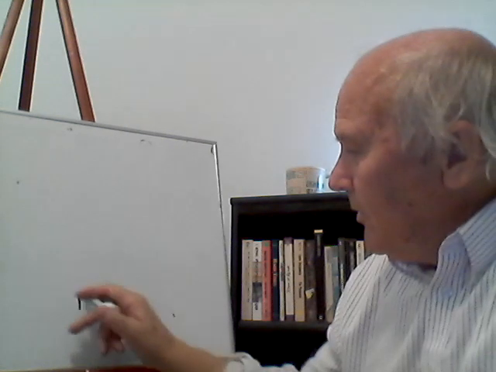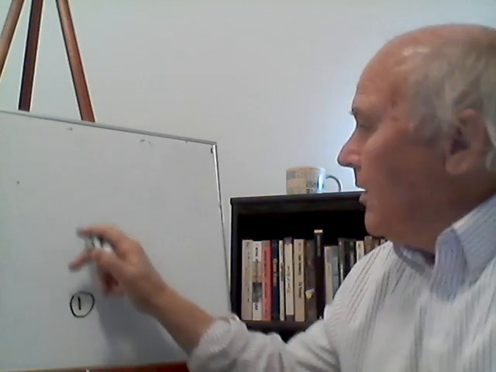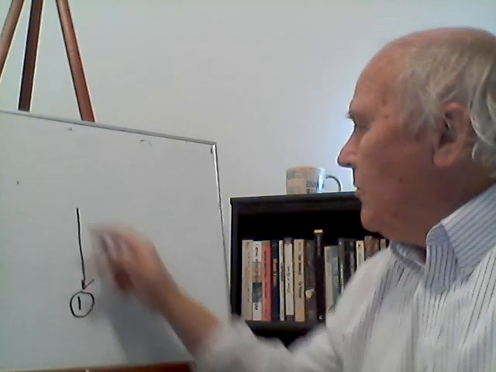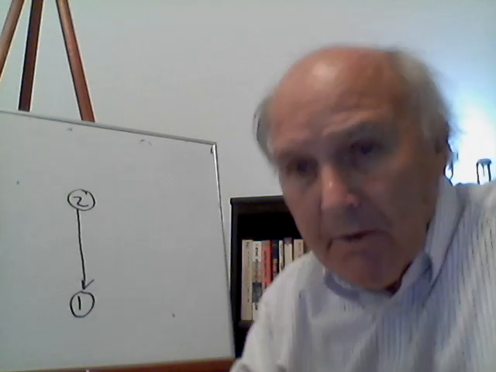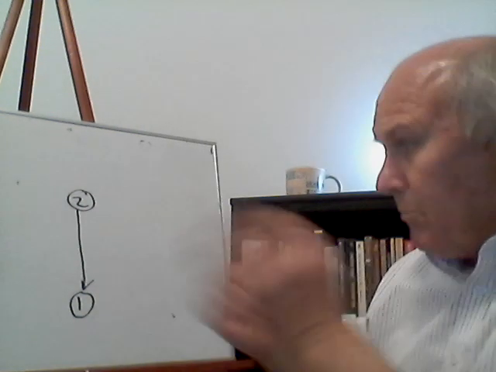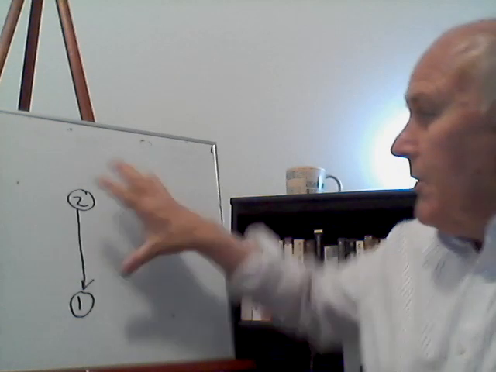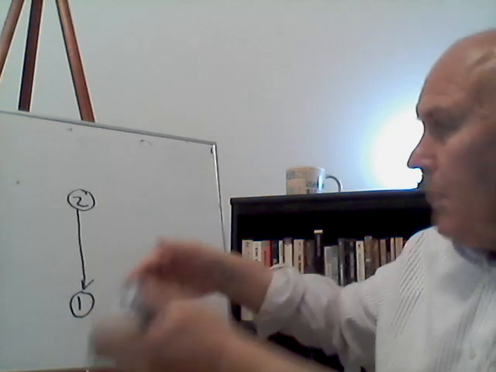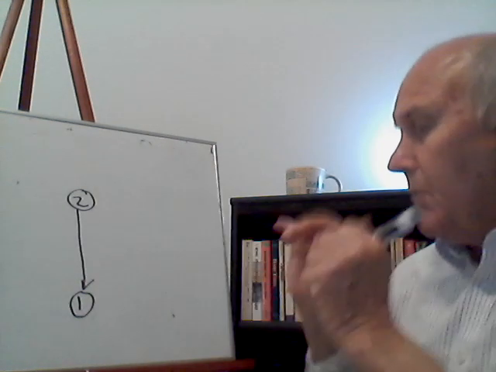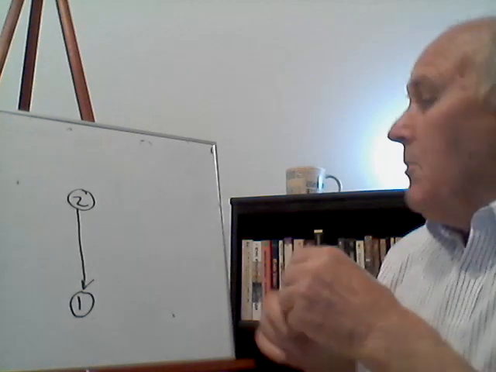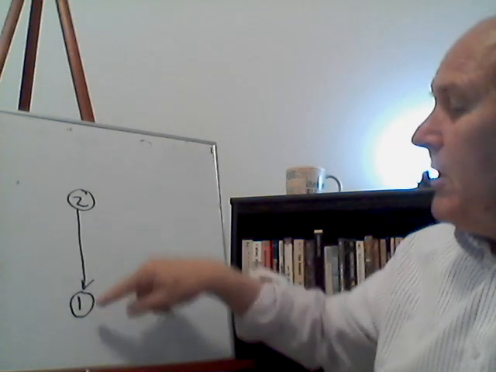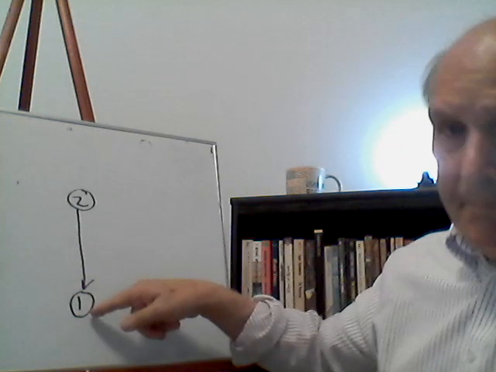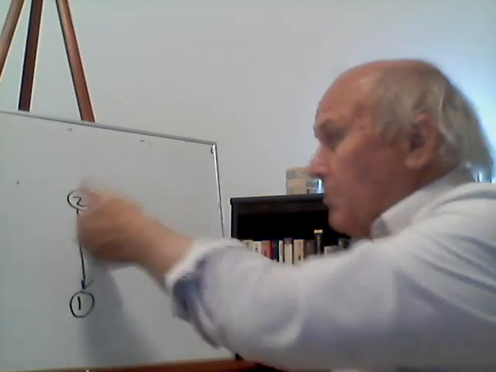If you could, hopefully you could see this. 1, and I have an arrow coming down to 2. Okay, so that's going to be a diagram of an argument. You don't know what 1 and 2 mean, so I'll give them some content. Basically, when you diagram an argument, this means that statement 1 is the conclusion because it's at the bottom. The premises go at the top.